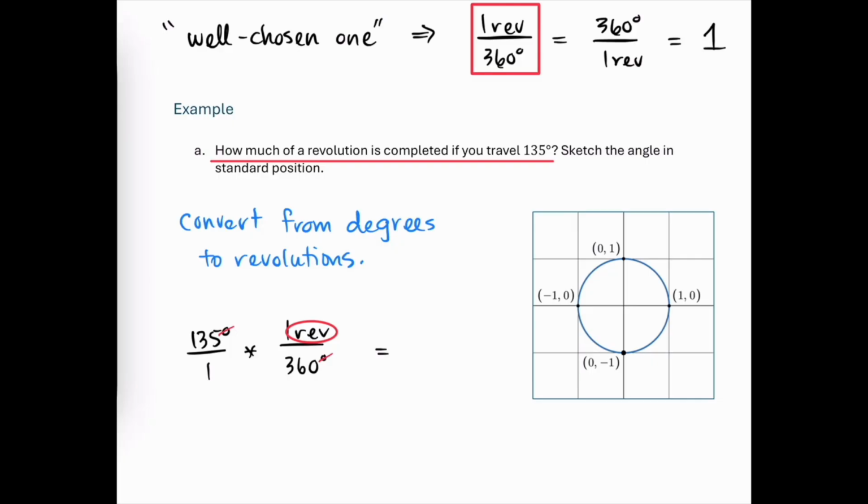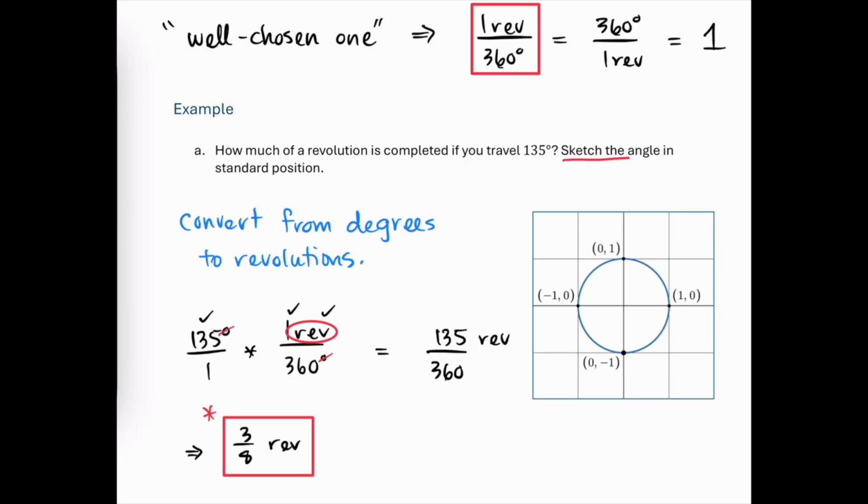So we get 135 times 1, and then revolutions remains in the numerator, so that's just going to be 135. And let's go ahead and keep our units of revolutions. And then we're dividing by 360. This fraction, 135 over 360, reduces down to being 3/8, and then our remaining unit is revolution. So our answer is going to be 3/8 of 1 revolution.